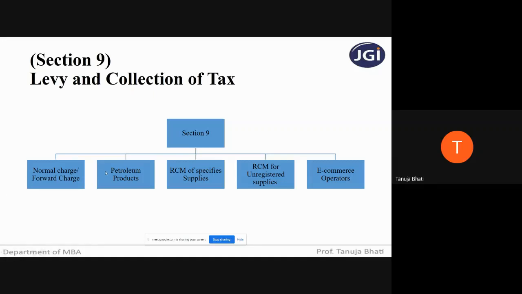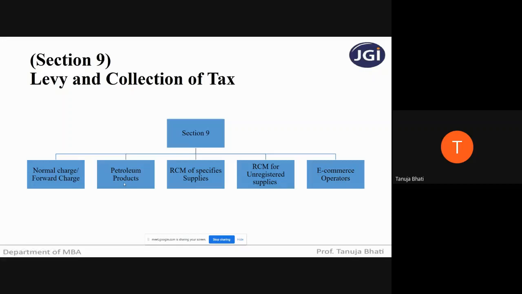Now in the case of petroleum, the government has kept 5 products on which GST is not levied as of today. These 5 products are petroleum crude, diesel, petrol, natural gas, and aviation turbine fuel. On all these 5 products, if any supplier is supplying them, the tax is not yet levied.